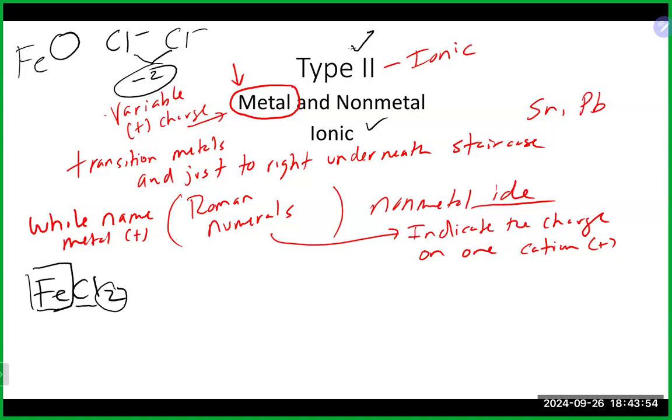So to balance out the negative with the positive, our one iron has to carry a +2 charge. That means that this name here will be iron Roman numeral 2. And again, the 2 is for our charge on one of those. And again, the back end here will be chloride.